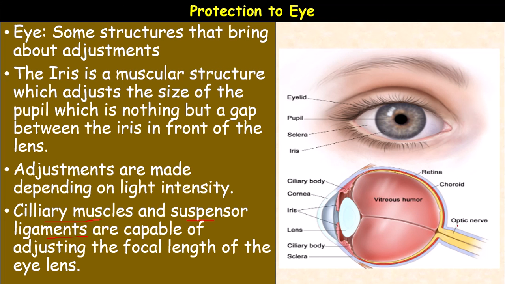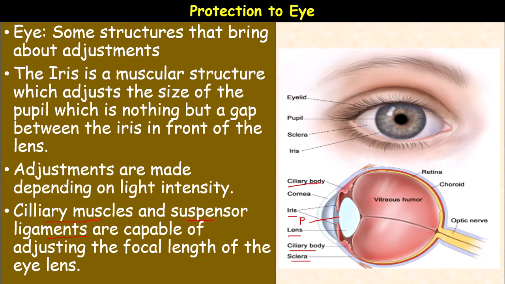See here, you can see the ciliary body or ciliary muscles, iris, lens, and this is the pupil. The ciliary body, and the sclera is the outermost layer.